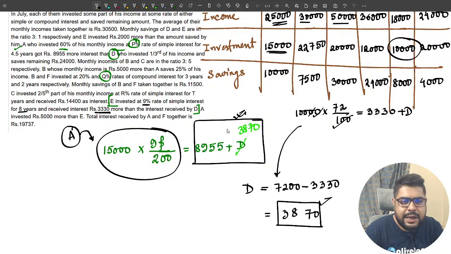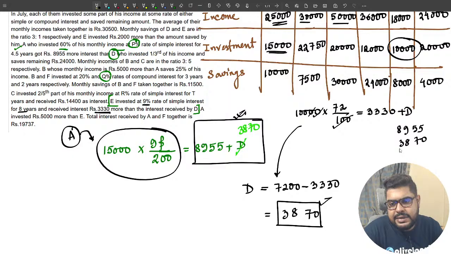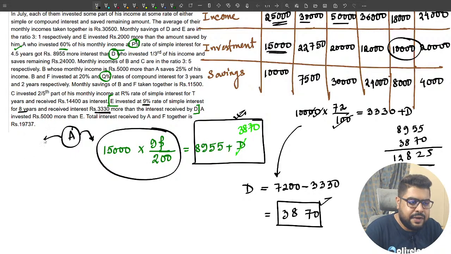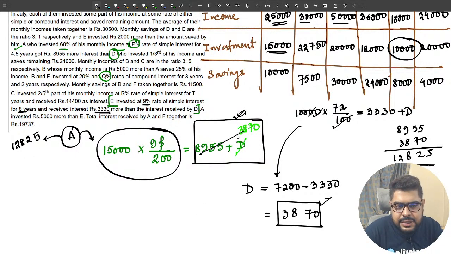Sir, ये value भी थोड़ा calculate करके रखना पड़ेगा, because A का लेके देखो A invested this. So A 8955 plus 3870. This is 12,825, remember sir, 12,825. So this is equal to 12,825. 9 ones are 9, 4 9s are 36, 2 9s are 18, 5 9s are 45.